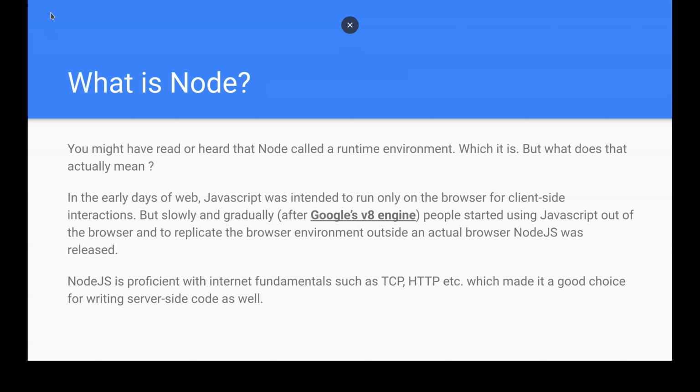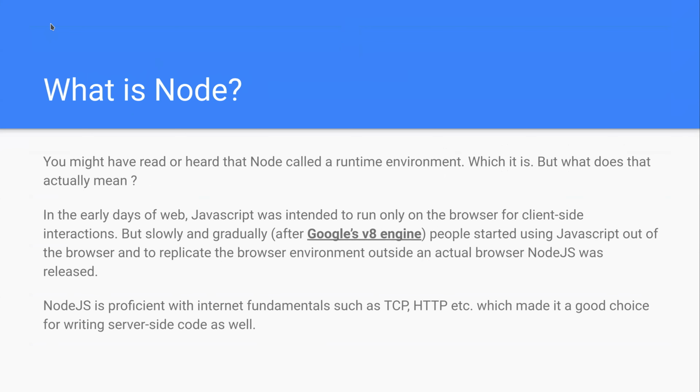you must understand that in early days of web development, let's say 12 to 15 years ago, JavaScript was only made to run on browsers, basically for client-side interactions, like we saw it running on browsers.